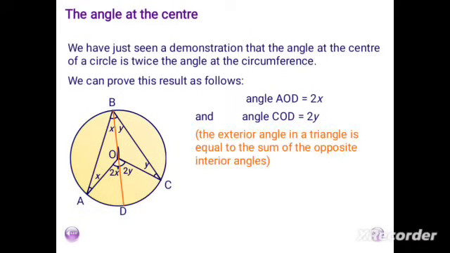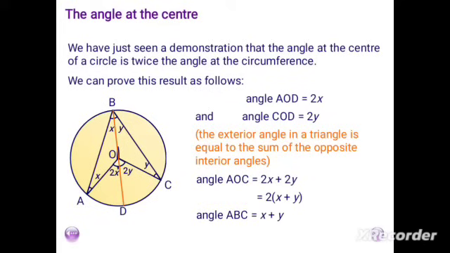This is because the exterior angle in a triangle is equal to the sum of the opposite interior angles. And now angle AOC will be 2x plus 2y. So that one can factor out a 2. So we have it that angle ABC will be x plus y.